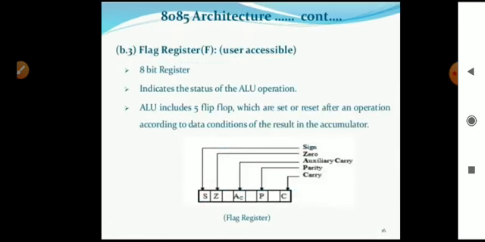Next is the flag register. It is an 8-bit register, and of the 8 bits there are only 5 flags, which show the status of the result: the sign of the result, whether the result is zero or not, whether an auxiliary carry is generated or not, whether there are an even or odd number of ones in the result, and finally whether a carry is generated or not.